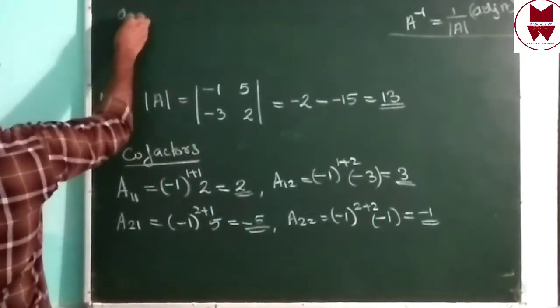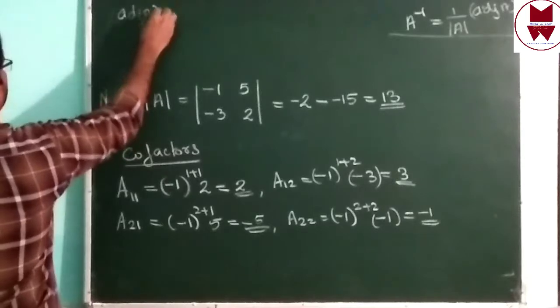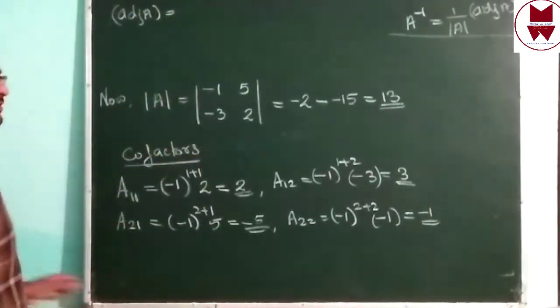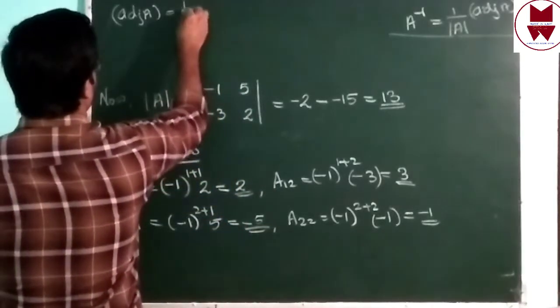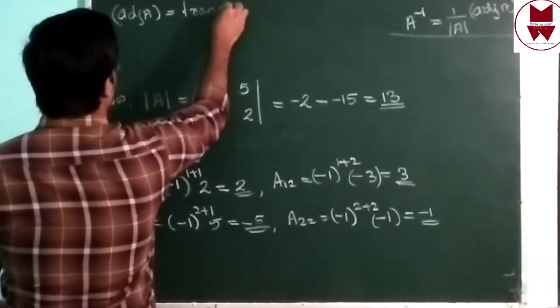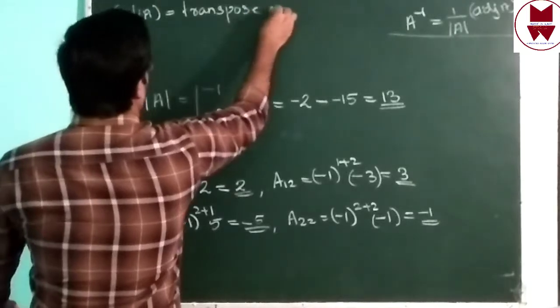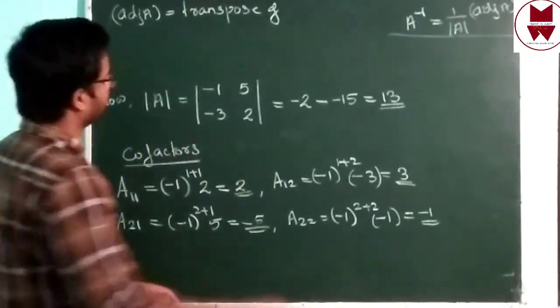Now we can write adjoint of A. What is adjoint of A? That is transpose of the cofactor matrix.